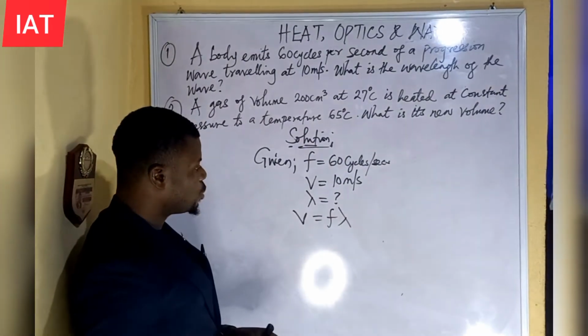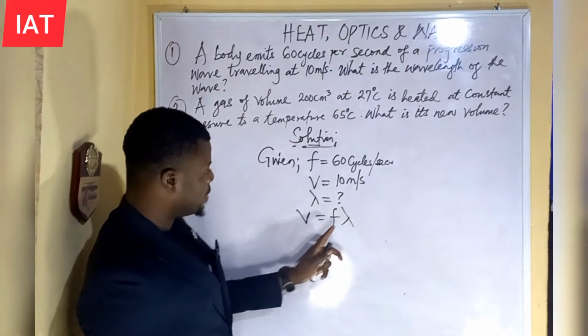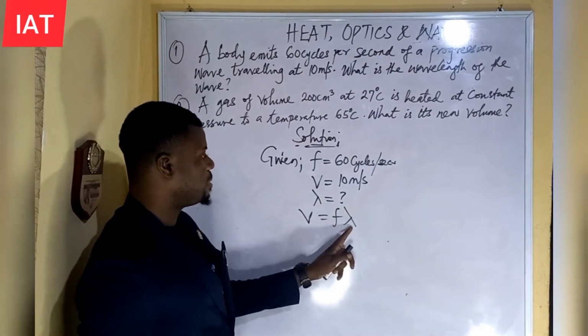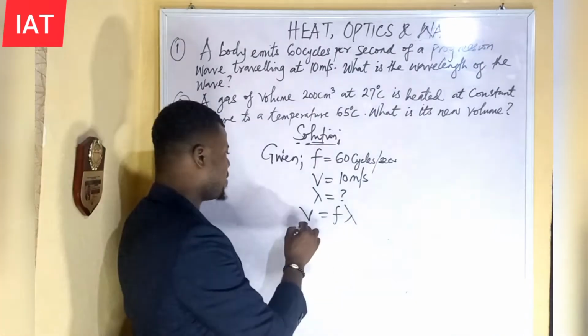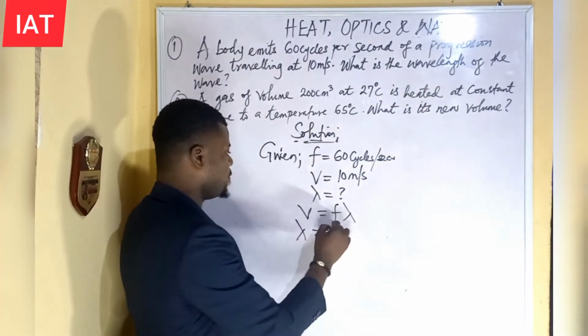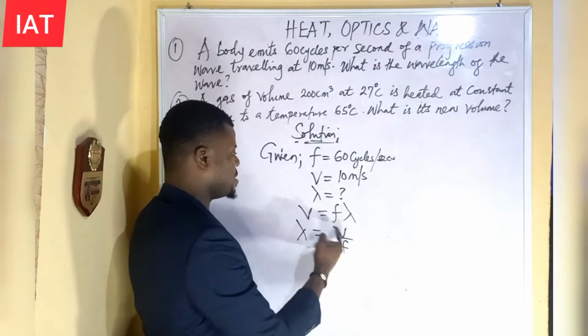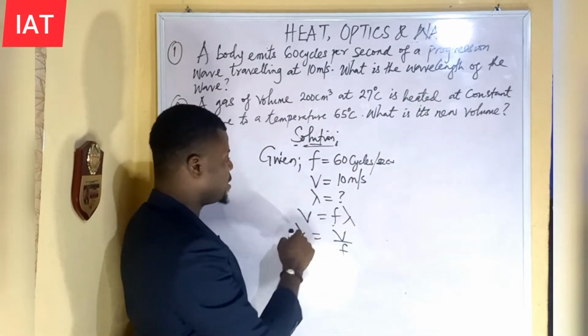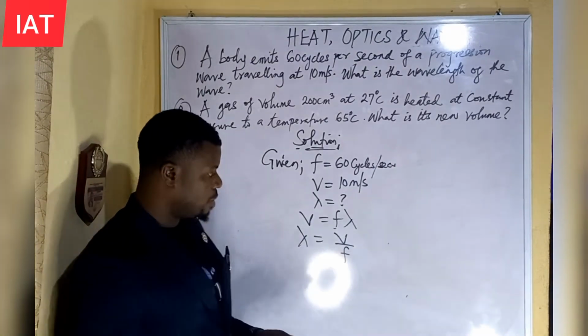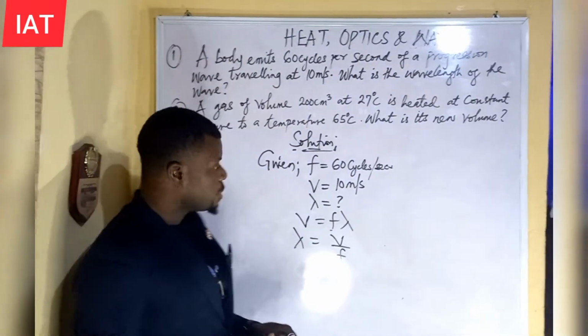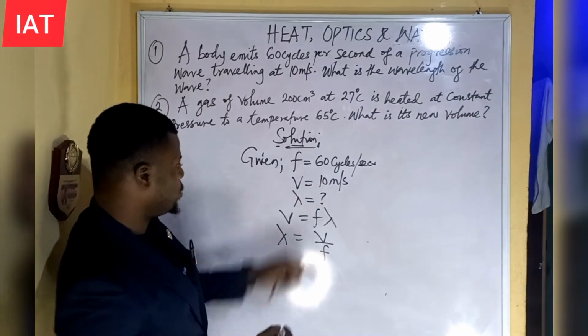If we are looking for lambda, we have to make it the subject of the relation, so lambda equals v divided by frequency. That is, if you divide both sides by the frequency, the frequency cancels, and you have lambda equal to v all over f.